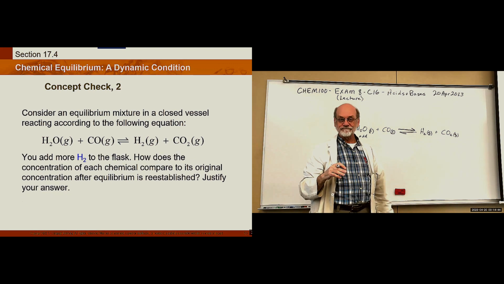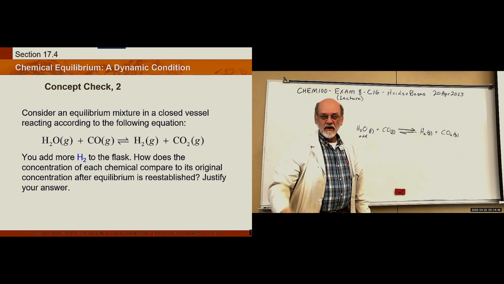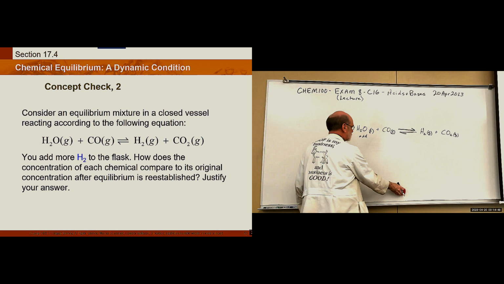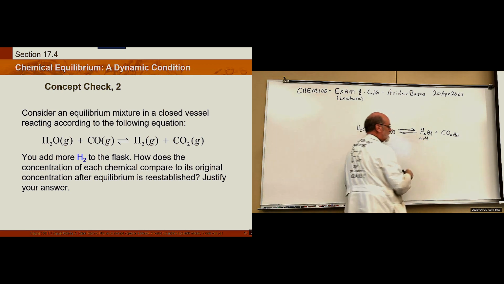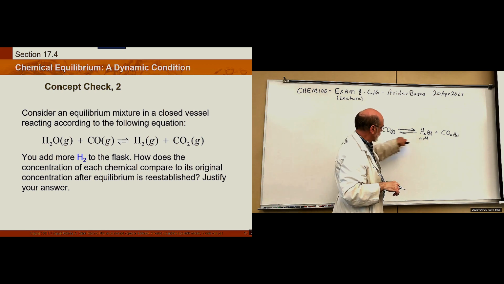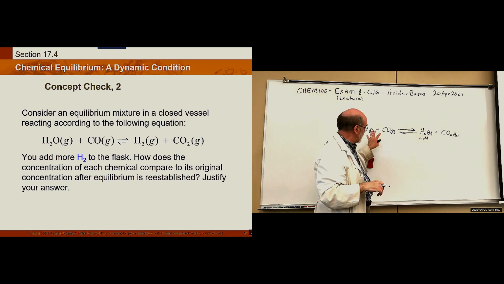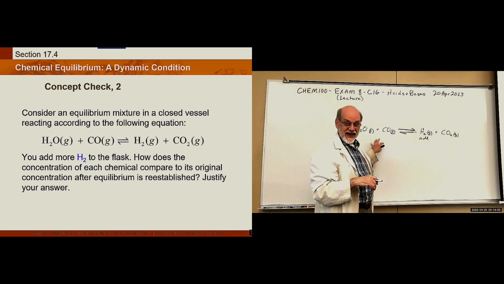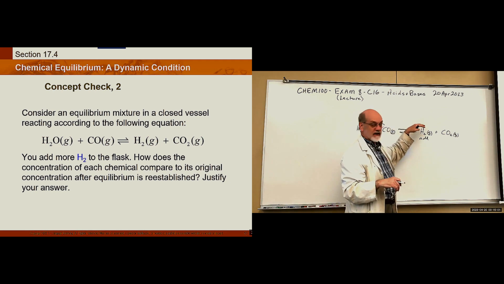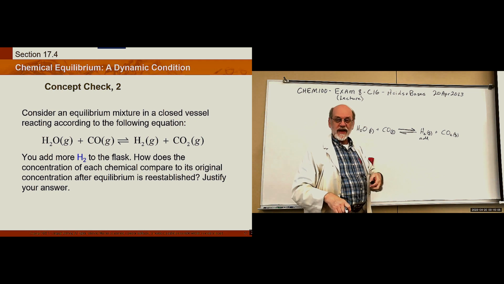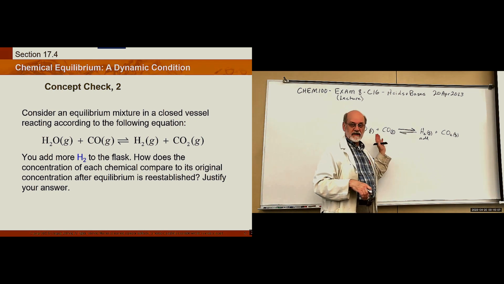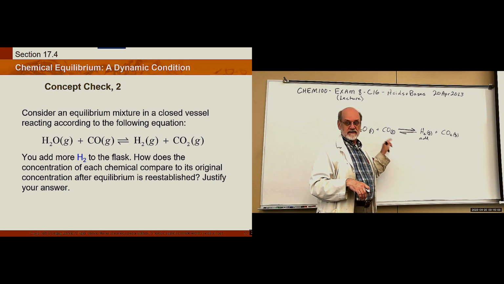Okay. What if we add more hydrogen? If we add more hydrogen, we get an increase in the reverse rate until we build up enough original reactants so that their rate now balances. Okay, so the reaction will shift to the left until we reestablish equilibrium.